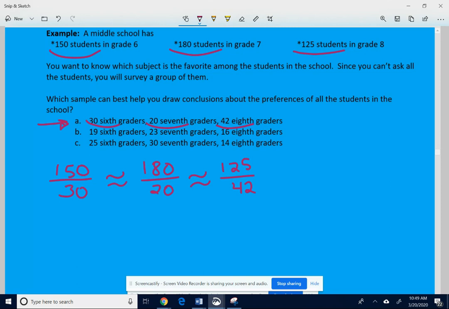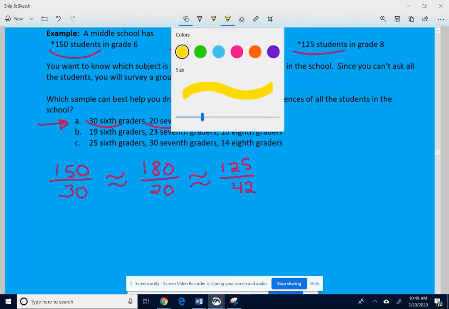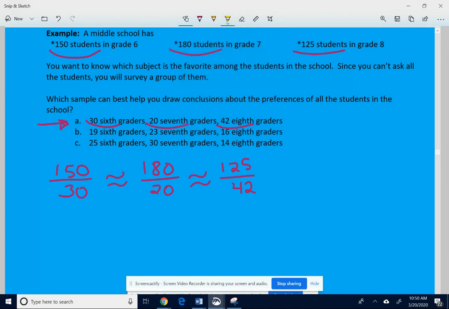There's a harder way to do this. I'm not going to do it this way, but you could make this work. You could check cross products. You could see if 180 times 30 is equal to 150 times 20. And then you could do another problem. You could see if 125 times 20 is equal to 180 times 42.